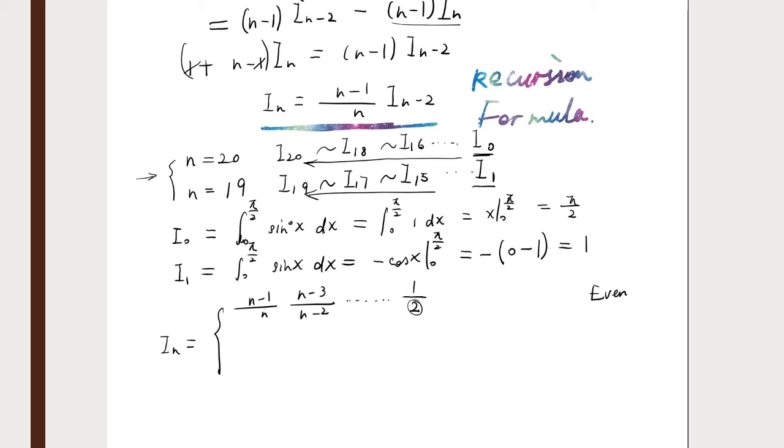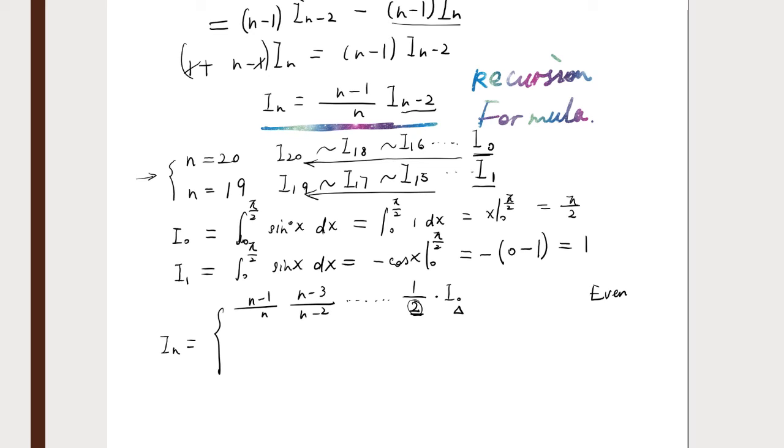So for the very last integration, it's going to be I0. Because when n equals 2, this is what we have here. But when we do the next operation, n minus 2, we're going to have 0 left.